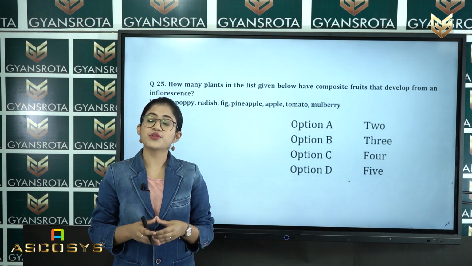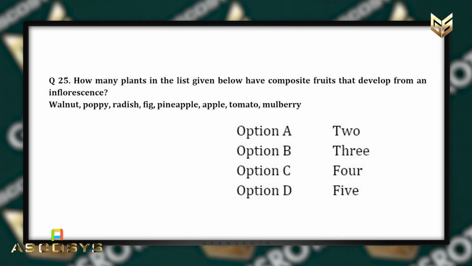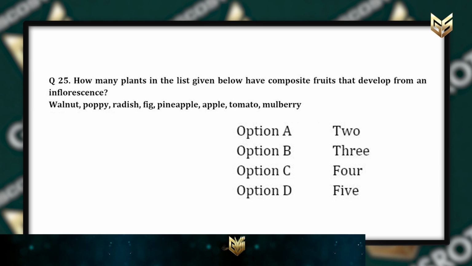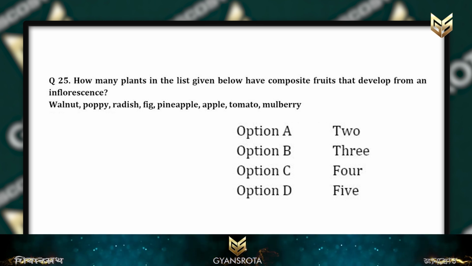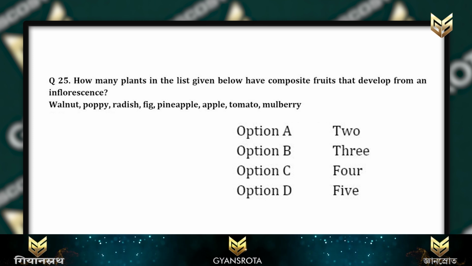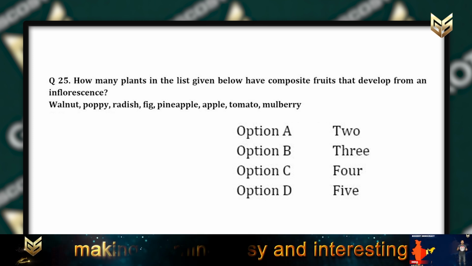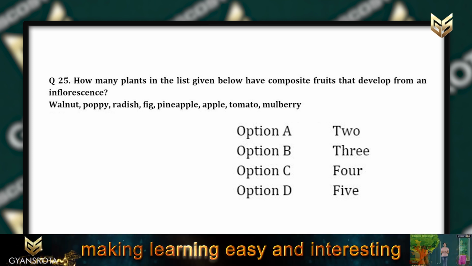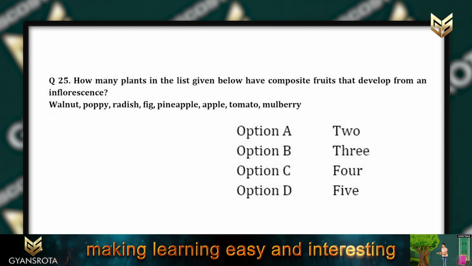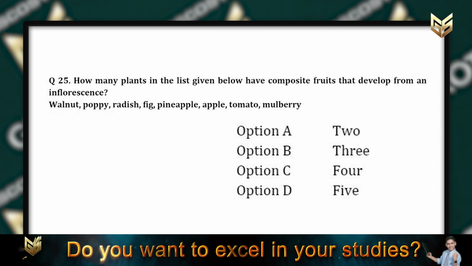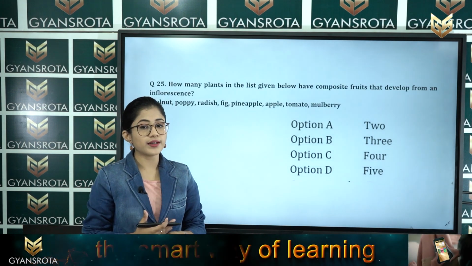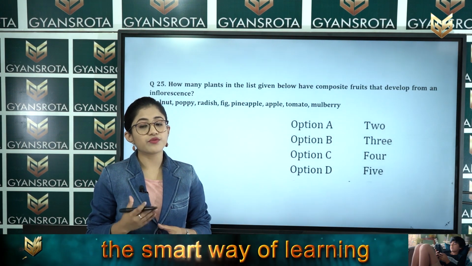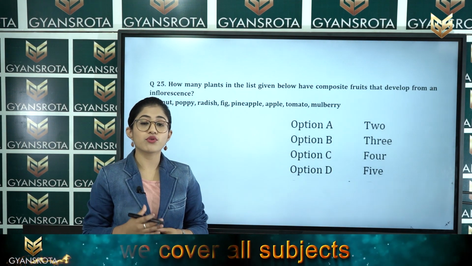In this question number 25, you can see how many plants in the list given below have composite fruits that develop from an inflorescence: walnut, poppy, radish, fig, pineapple, apple, tomato and mulberry. Student, you have to select the one that have composite fruits and that develop from an inflorescence.